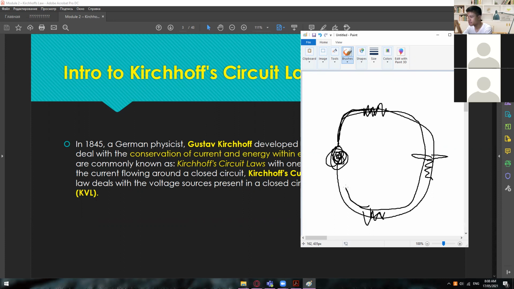And then as soon as it goes back to the original source, it is now zero, meaning he has already distributed everything onto the loads or the resistors. His main point is it cannot be that there is a voltage drop in here if there is no source. There should always be a source from the very start.